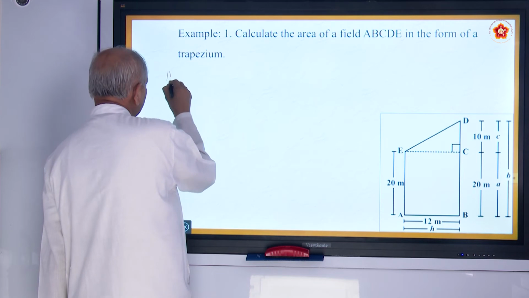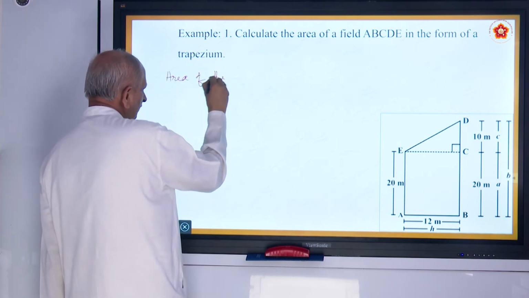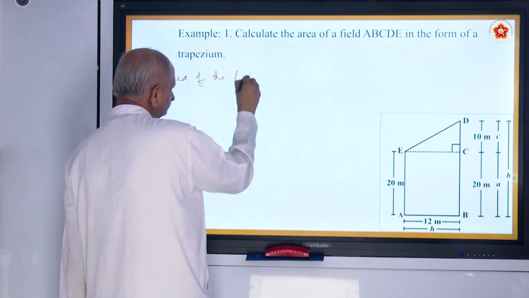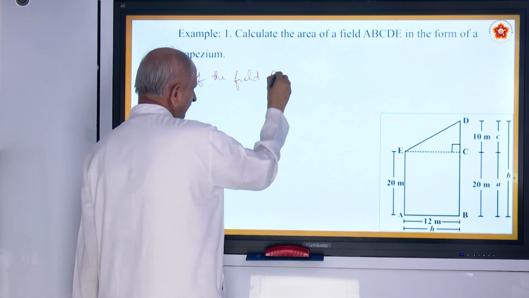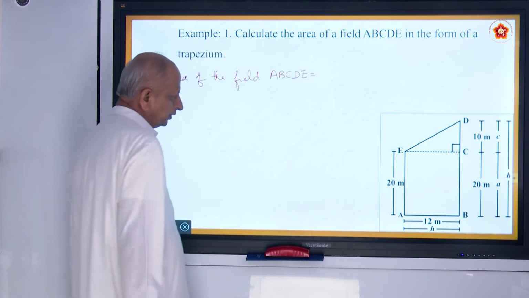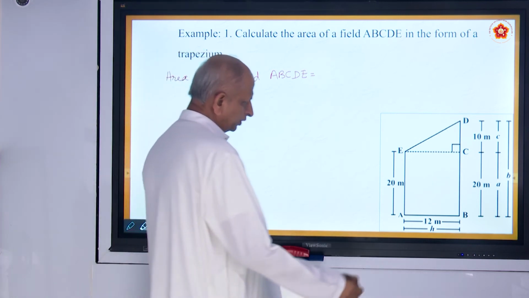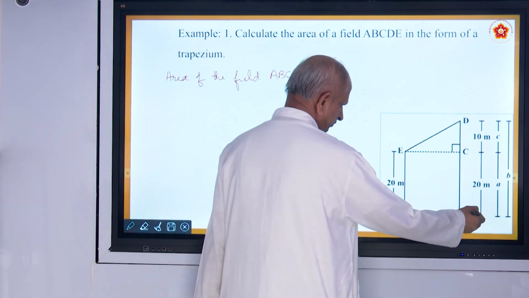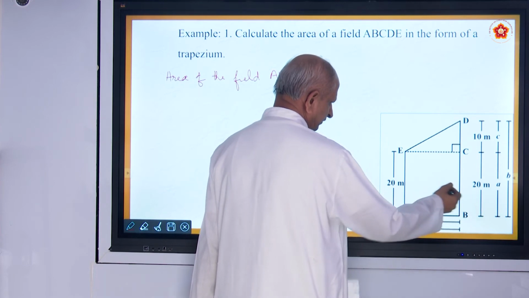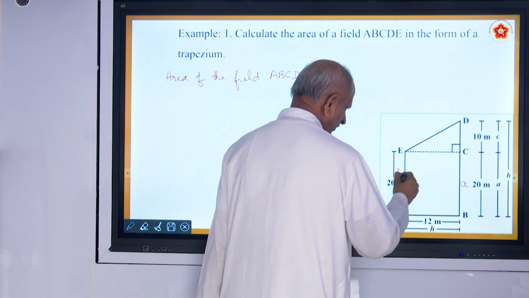So, area of the field ABCDE is equal to half of, for the total length now, this becomes base, A and B becomes, this is, suppose we call it as A, this is B and this is H.